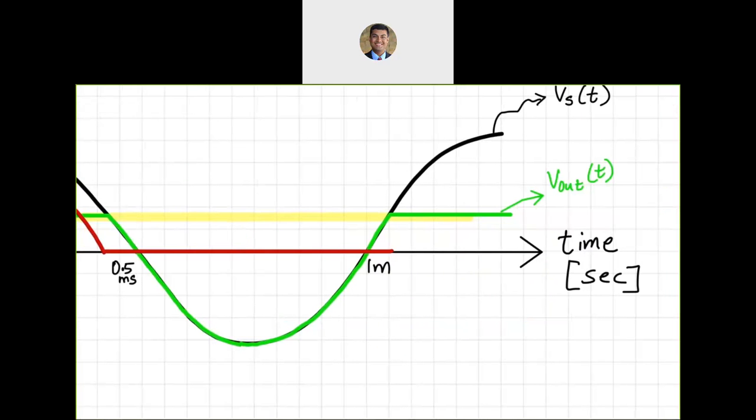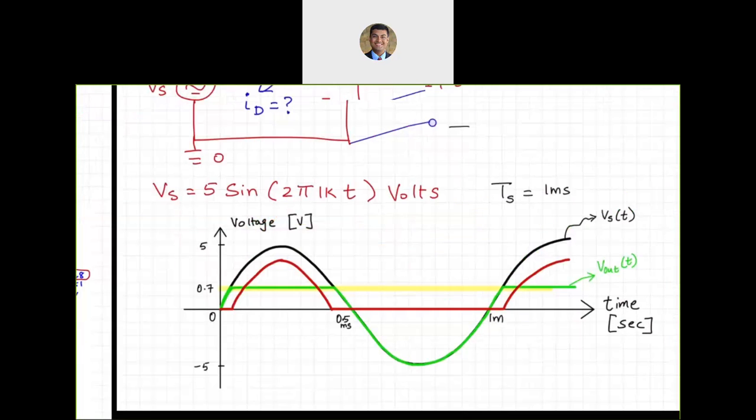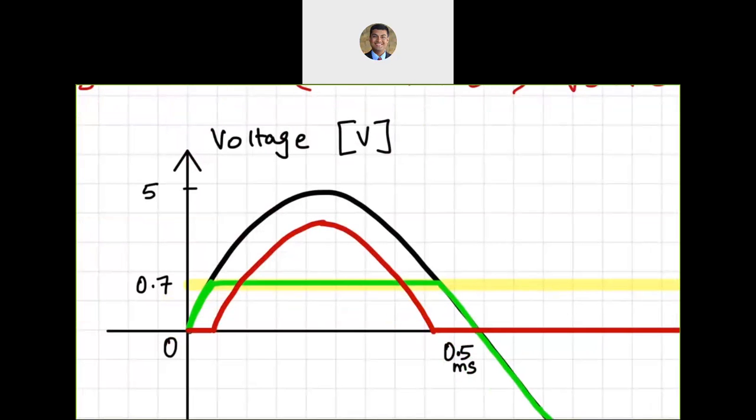So beyond that it will simply increase there, and that difference is going to be 0.7 volts. So clearly, what is that value? Let me use blue here.